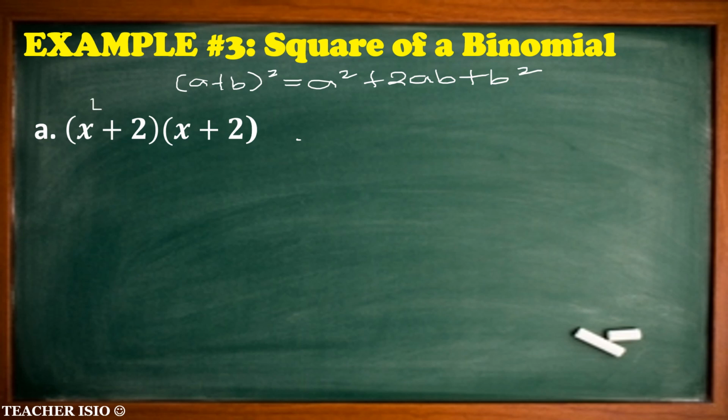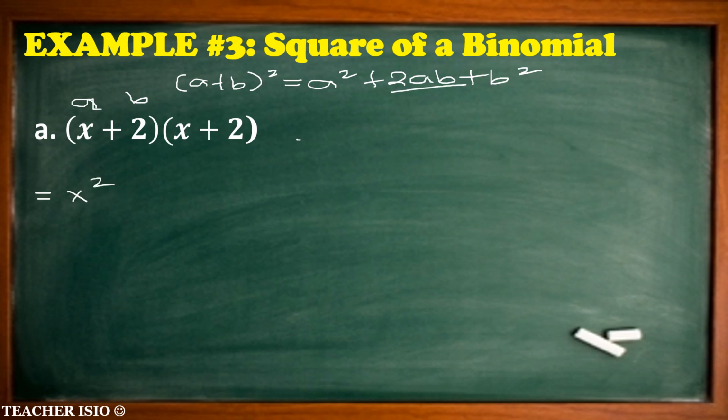So this is our first term, this is our a, and this is our b. So ganito lang gagawin natin mga anak. So square nyo muna yung a natin. So we have x squared, square lang.